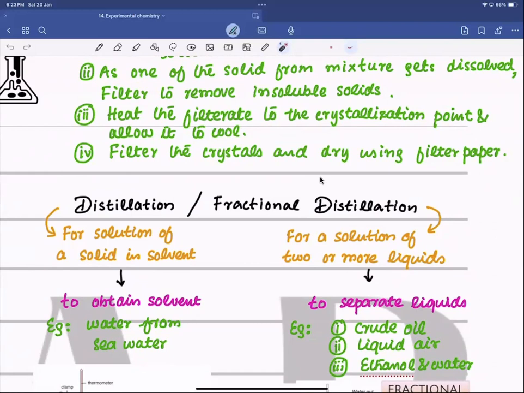For example, if I have a salt solution and you need to obtain crystals of salt, what will you do?